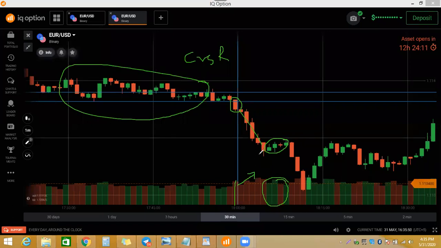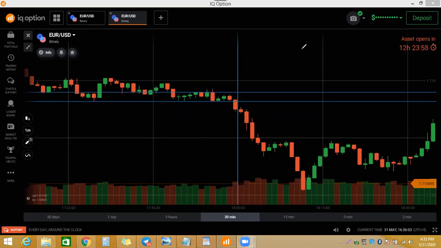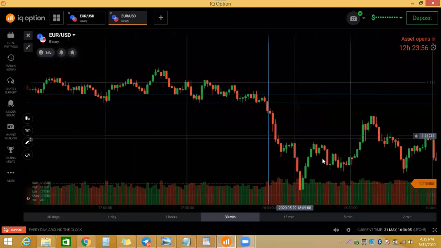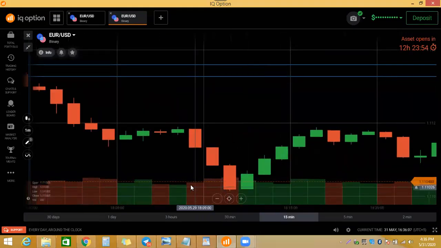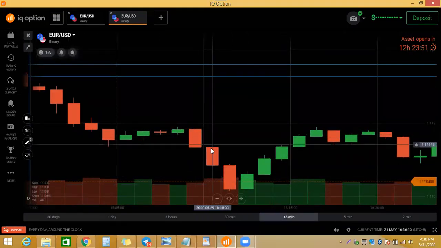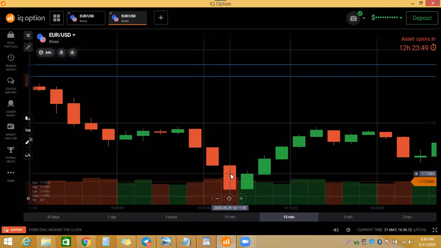These are the pullback areas, pullback candles. Again, the trend is falling and volume is rising. Look at the volume. Look, this volume is rising. Okay, the market is going down.